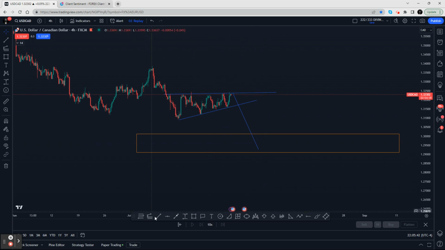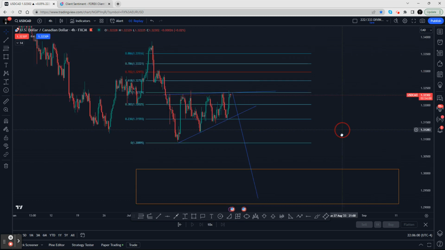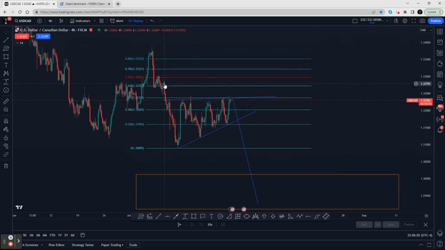Now, you also want to do your scenarios as if it does go and pop to the upside. All right. So we want to look at, we've crossed this 23%, and we've come back below one, all right, two times. Okay. If we do pop, we know that this area is a key area price can come. So we will be looking for this particular zone.